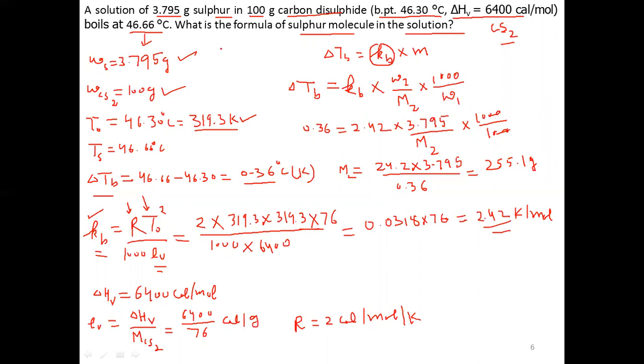So what is the molecular weight of monoatomic sulfur, or we can say atomic sulfur? It is 32. Now the molecular weight of the sulfur in the solution is 255.1.